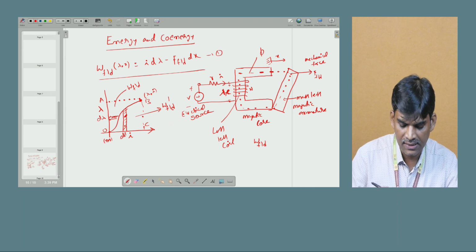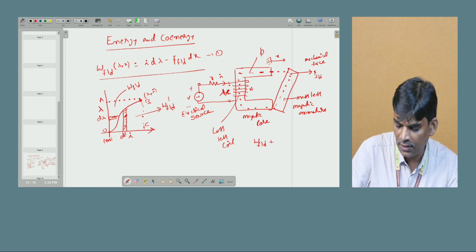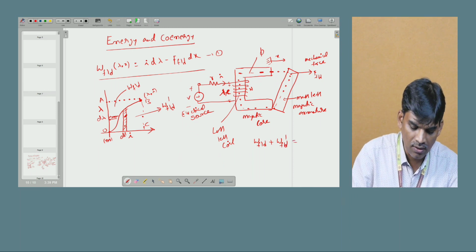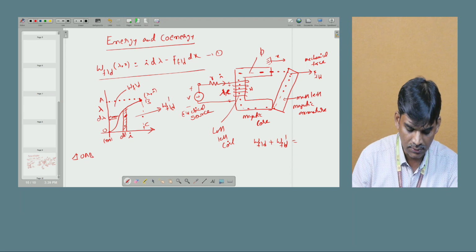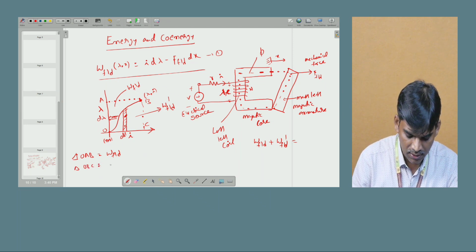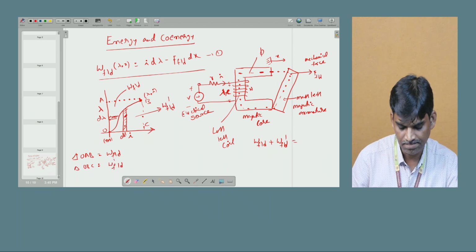Now, what is the value of the field energy W_fld and the coenergy W_fld dash? From the figure, the area of this portion OAB is called the field energy, and the area of this portion OBC is called the coenergy.